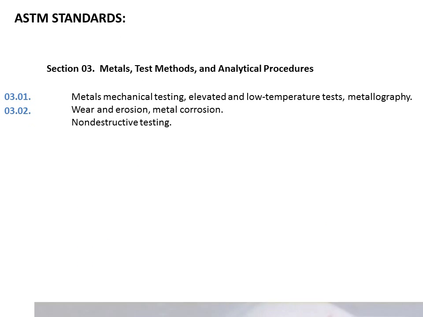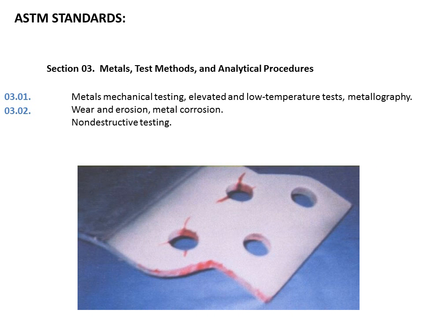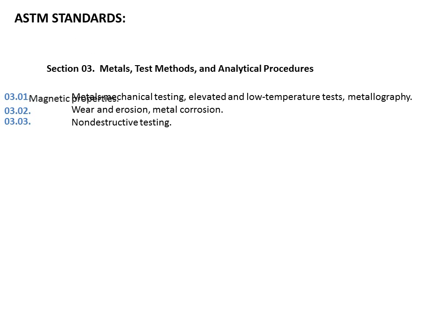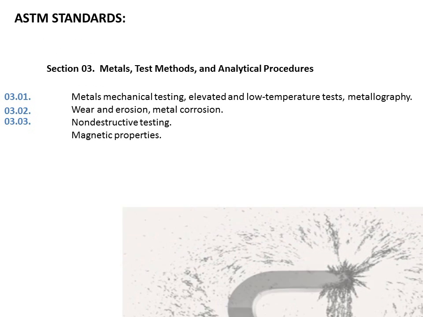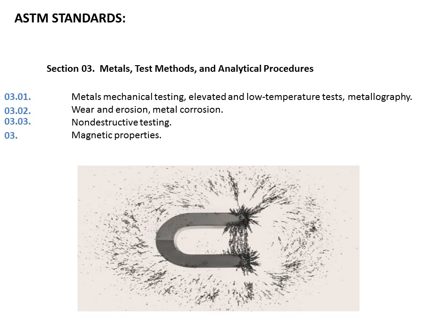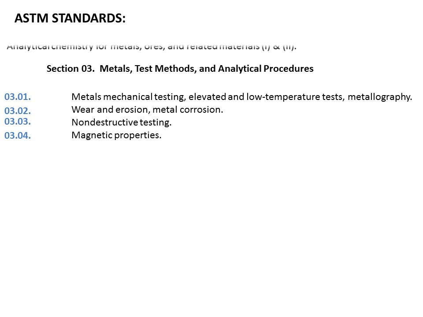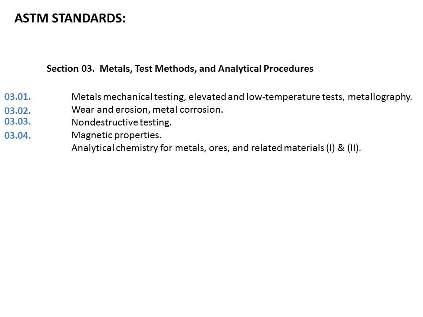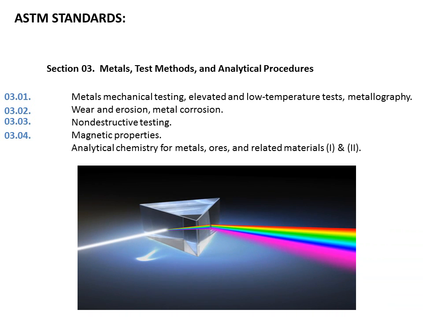For non-destructive testing, we have volume 3.03. For illustrating the magnetic properties, we have volume 3.04. Analytical chemistry for metals, ores, and related materials is there in volumes 3.05 and 3.06.